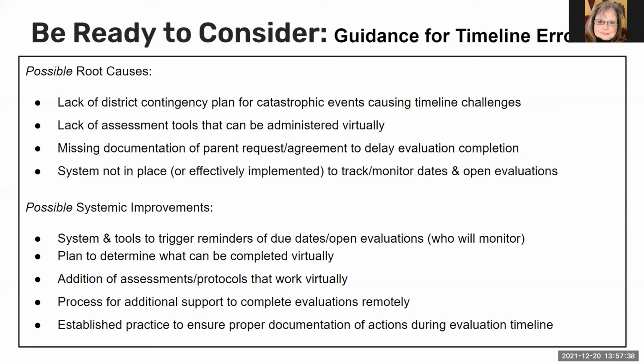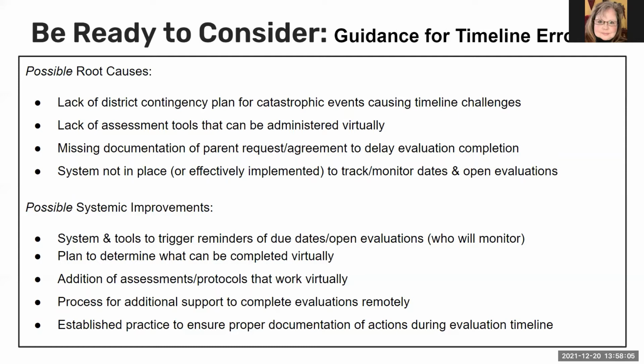On a larger scale, outside of the pandemic, often districts may have lacked a system or a process in the district to make sure that there are reminders of due dates, who is monitoring that, who's on top of making sure that any open evaluations are completed in a timely manner.